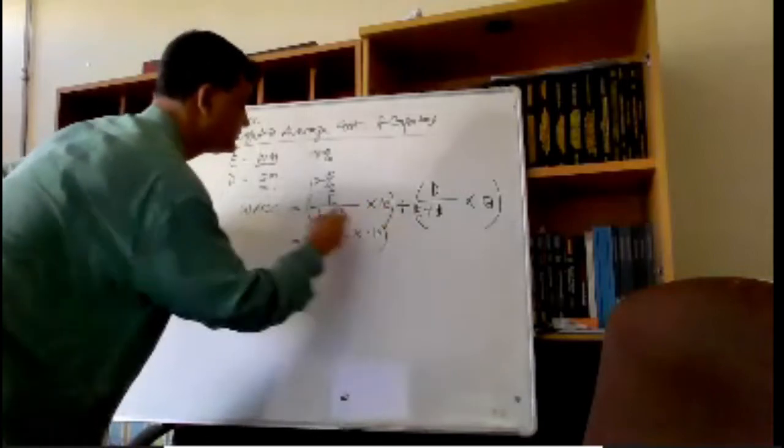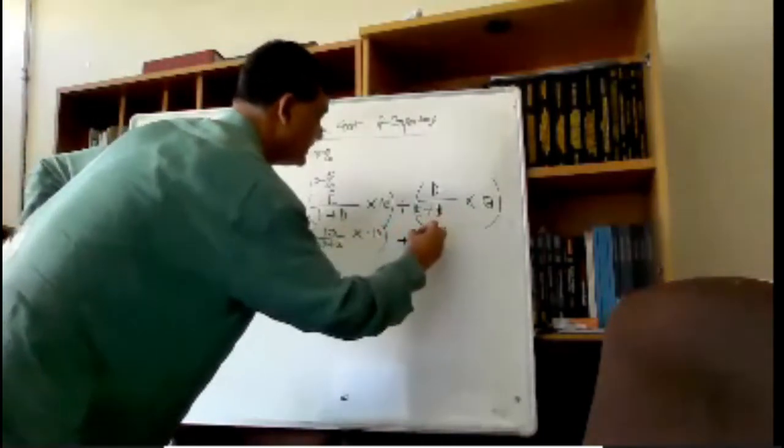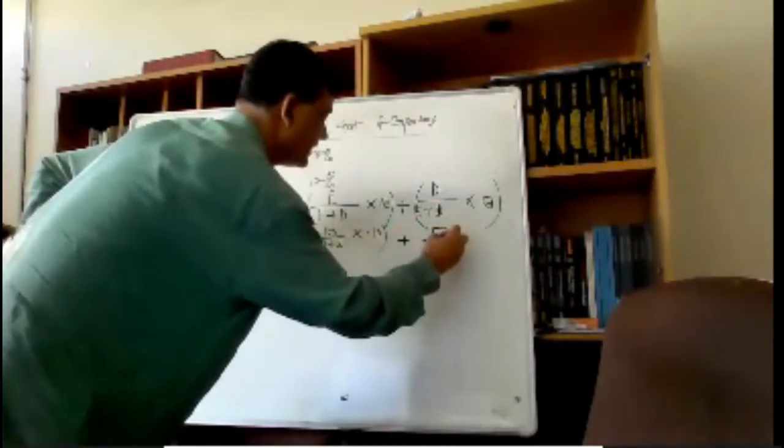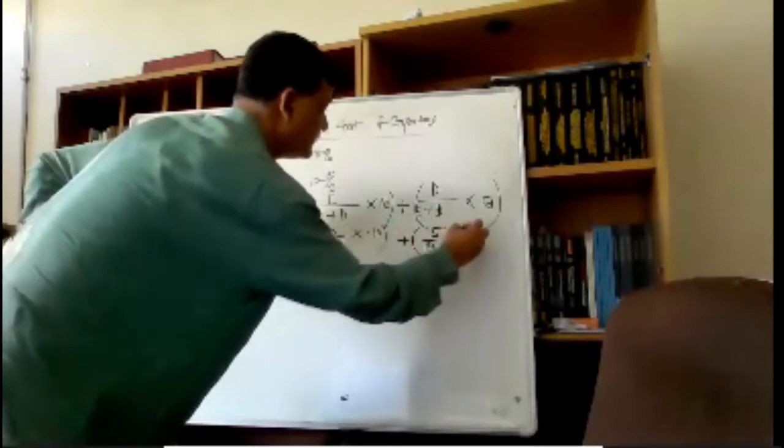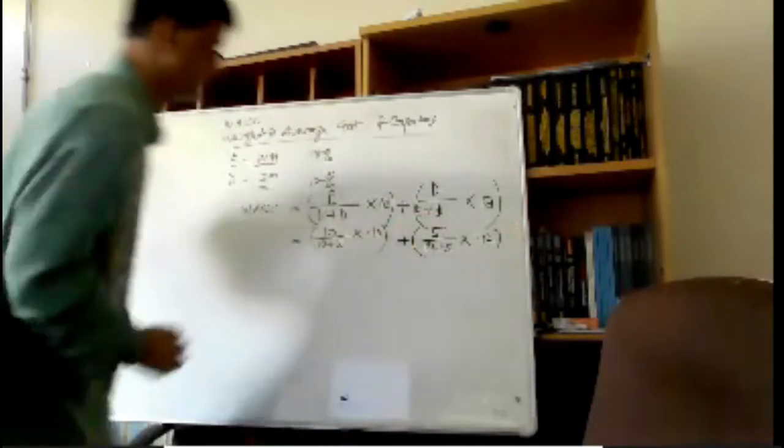Multiply by 0.10, and here I have raised 5 million divided by 10 plus 5, multiply by 0.12. That's what I have.